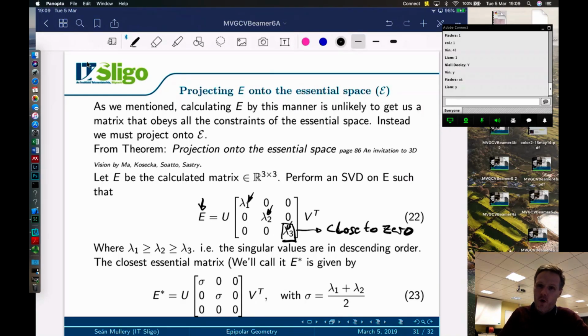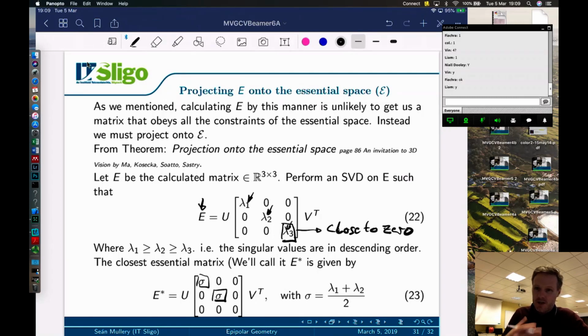We hope that's close to 0, and what that means is that, to map it to the essential space we want, we just set it to 0. We truncate it down to 0 from whatever it was, and we take these two values, lambda 1 and lambda 2, add them together and divide by 2 to make sure that they're the same value.